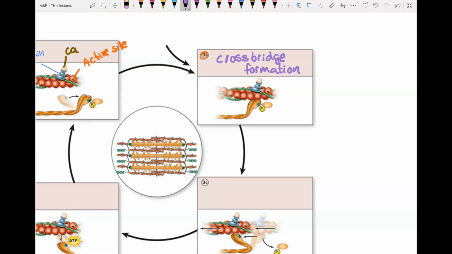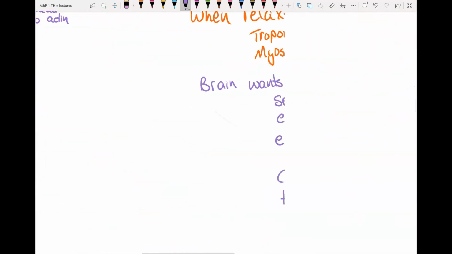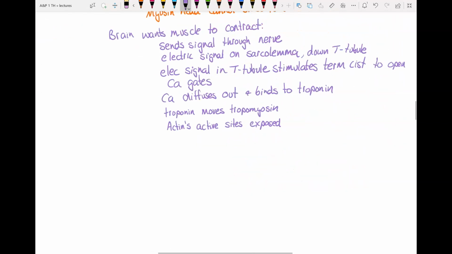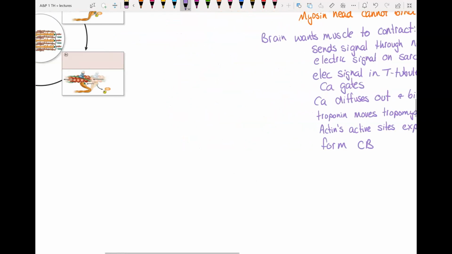We say a cross-bridge has formed. So if we go back over here and we keep writing this on our list, once the actin's active sites are exposed, we form a cross bridge, which means the myosin head binds to the actin.